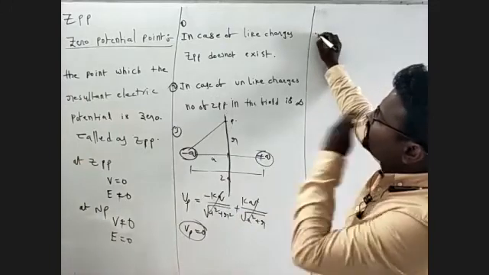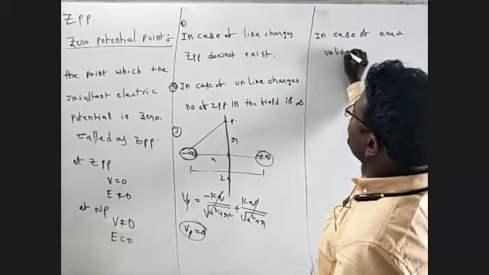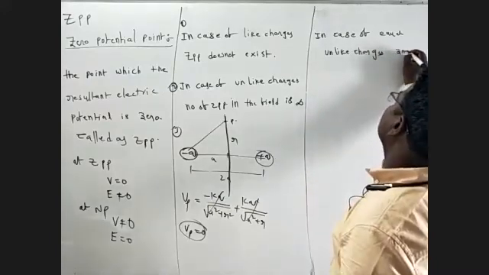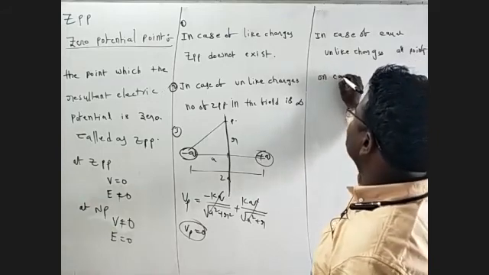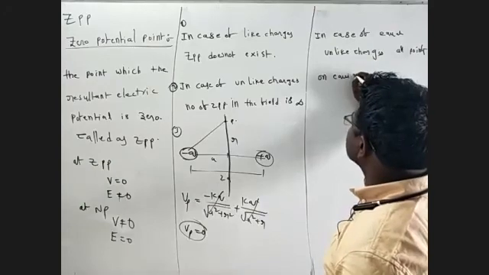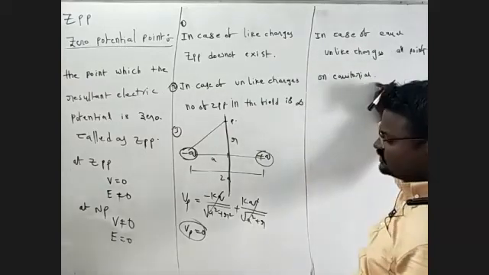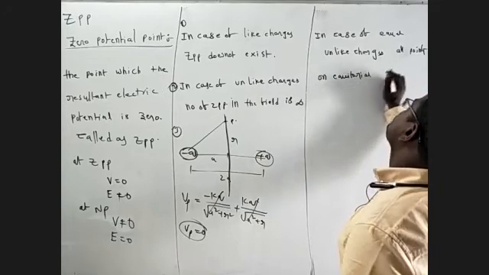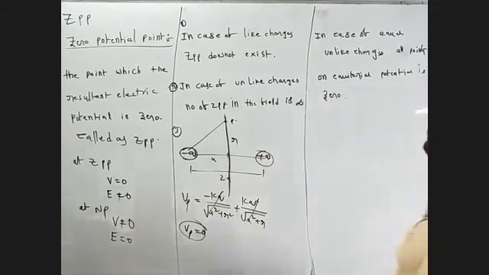In case of equal unlike charges, all points on the equatorial line have potential 0.